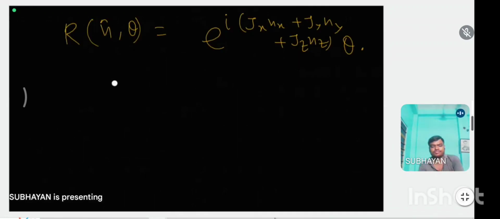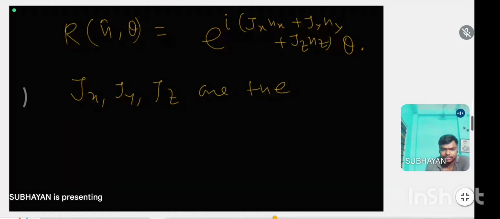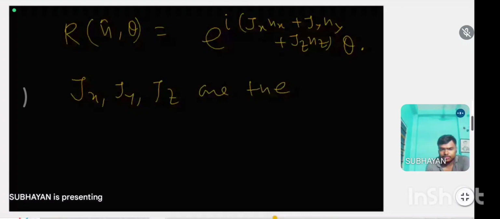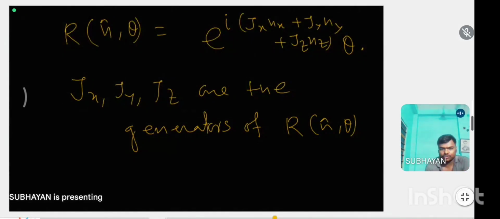So you have the form of the rotation matrix operator in terms of Jx, Jy, Jz, and surely you will find these Jx, Jy, Jz are the generators of R n theta. Okay, you can generate this group because these are the elements of SO3, right?